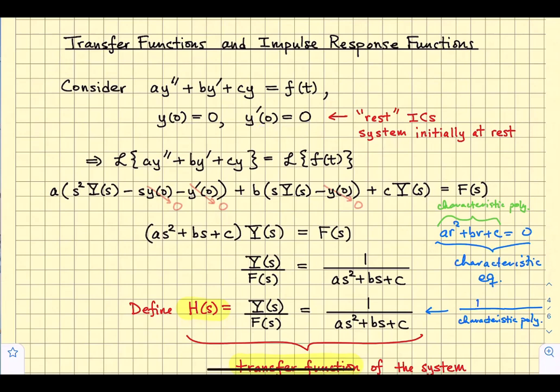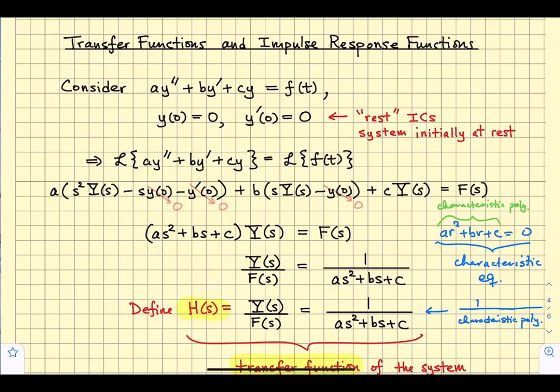So here, think of a, b, and c as numbers that are known, and little f is a function that is known. If we take the Laplace transform of both sides, we've done this many, many times. We apply our derivative theorems, we apply our initial conditions, we get to this juncture, and in the past we've solved for big Y of s, but here I want to do something a little bit different.